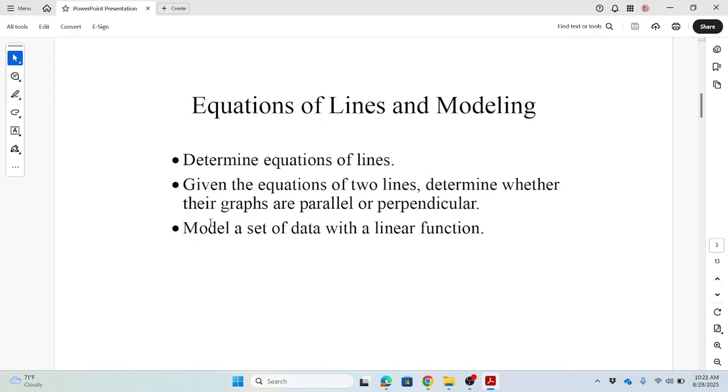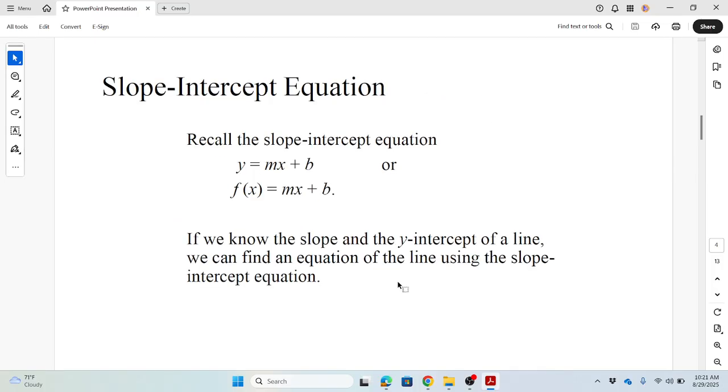We try to find the equation of lines, and based on the equation of two lines, we will find out whether they are parallel or perpendicular, and we try to see how we can use them in modeling real life problems.